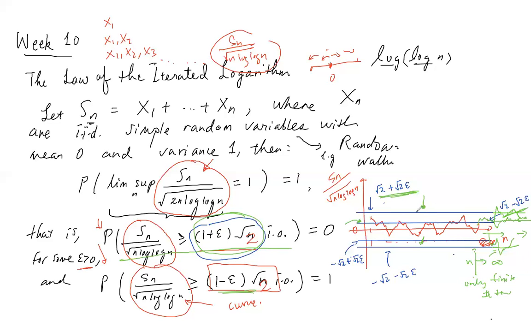So it knows very well that it will exceed square root of 2 minus this thing. You can make this almost square root of 2 by making epsilon extremely small. So basically, if you make epsilon extremely small, you have square root of 2 minus square root of 2 epsilon, and you will see the curve going like this.